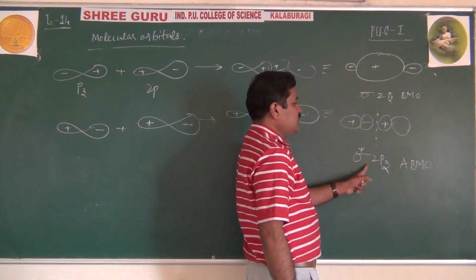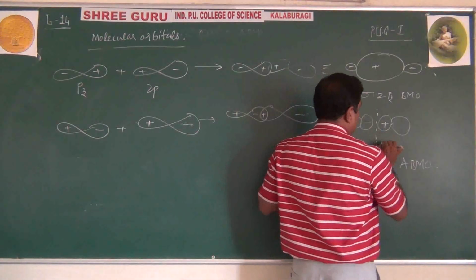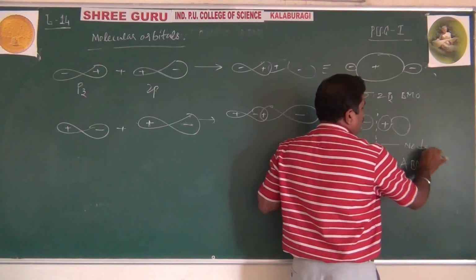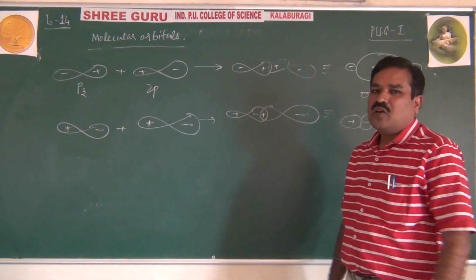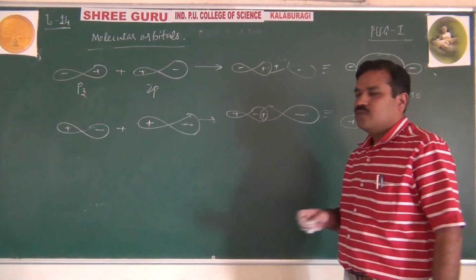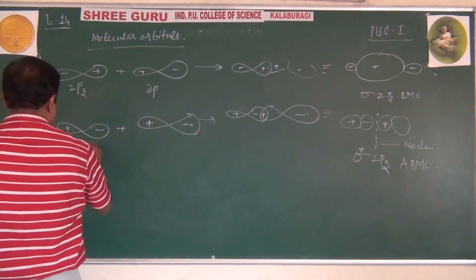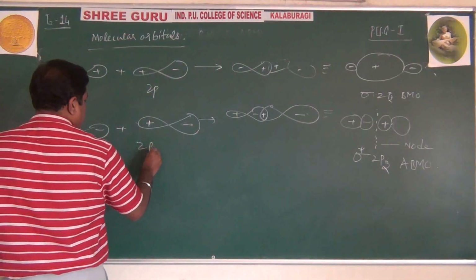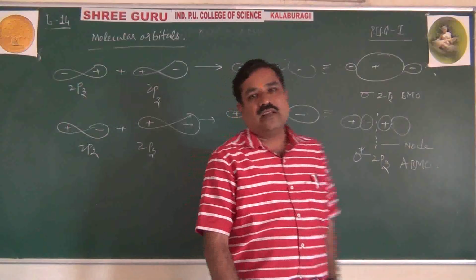Phase in, phase out. Favors bond formation, does not favor bond formation. This is once again called node or nodal plane also. That's why I told you bonding molecular orbitals may or may not have a node, but antibonding compulsorily have a node. And this is also 2pz, 2pz. Sigma molecular orbitals over.